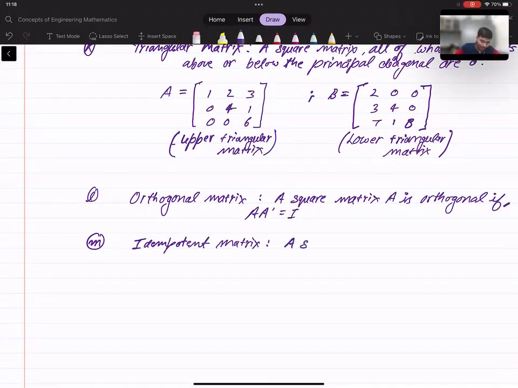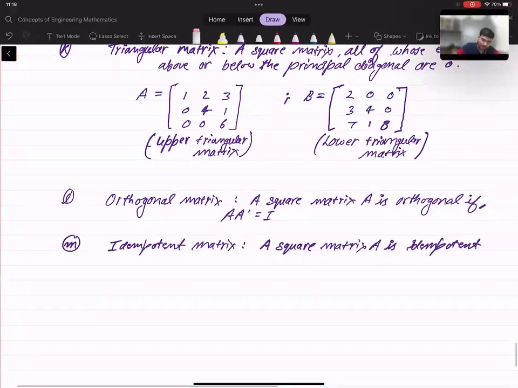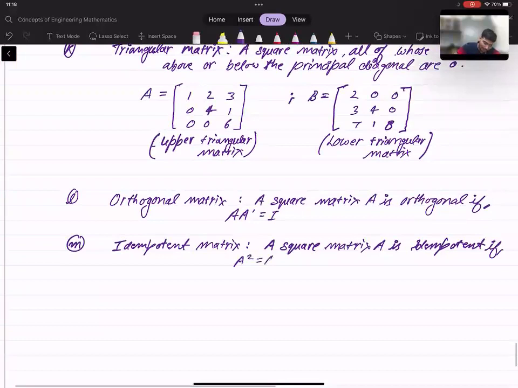A square matrix A is idempotent when A square is equal to A. It means the multiplication of the matrix with itself results in the matrix itself. Such matrices are known as idempotent matrices.